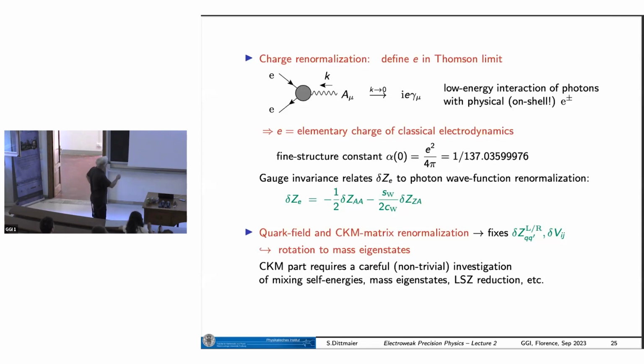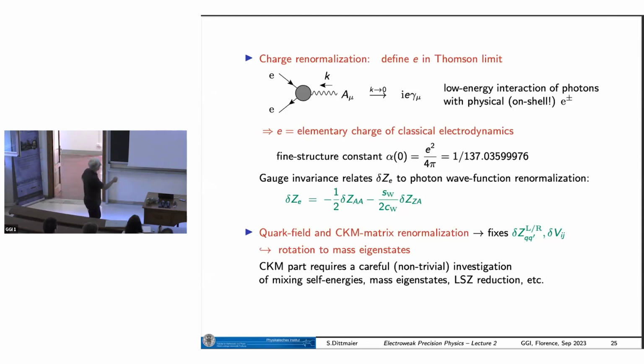And you insist that in the limit where the photon momentum is 0, this vertex function gets no correction. This is the on-shell charge renormalization condition in the Thomson limit. That's also the way the charge is defined in QED. We also take it over in the full electroweak model, and it really works nicely.